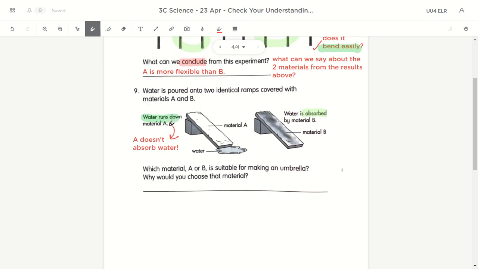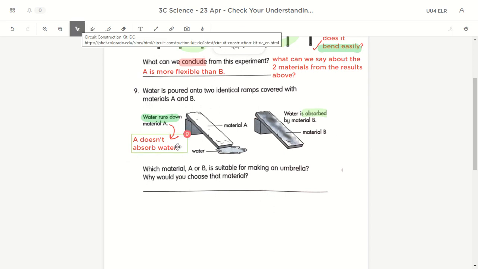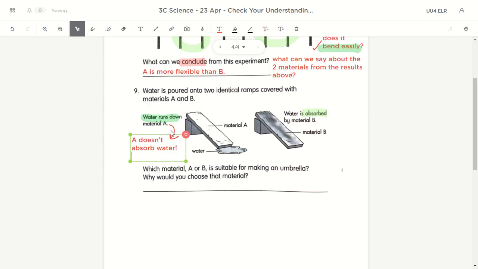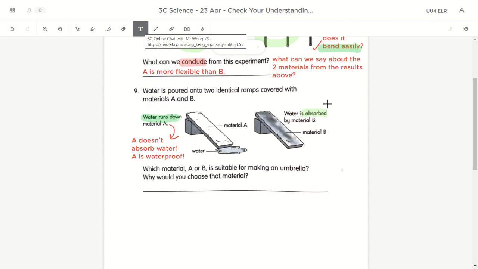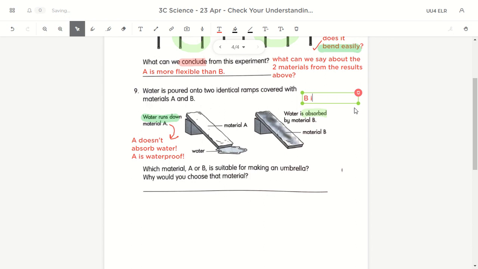So water runs down from A means that A doesn't absorb water, which also means that A is waterproof, and that's the property. On the other hand, water is absorbed by B, which also means that B is not waterproof. So write down whatever you know in your own words according to what you have learned.